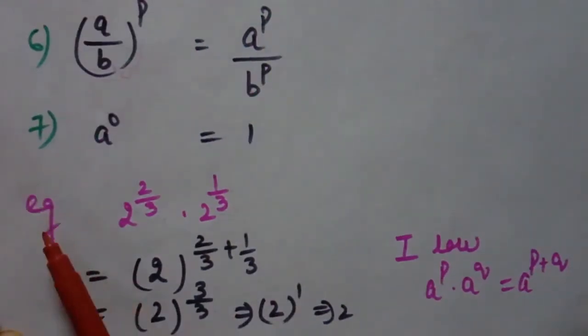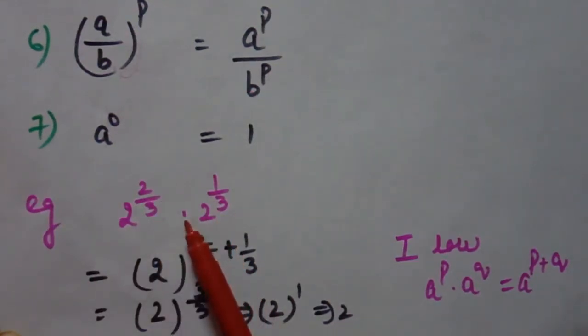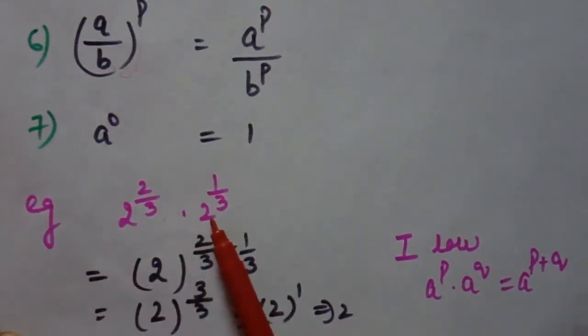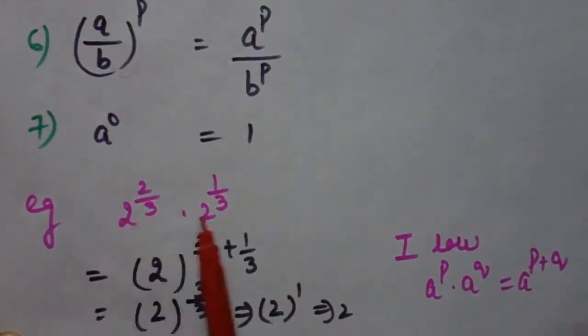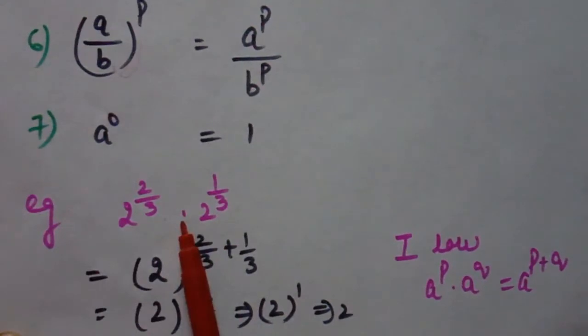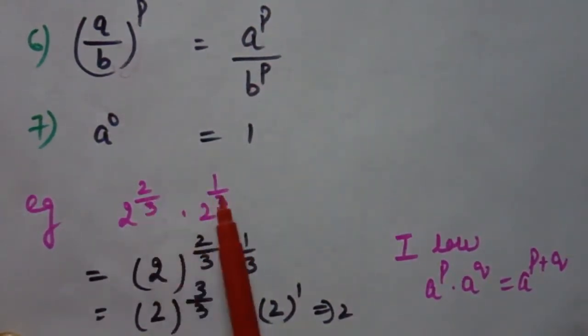So we will take one example. 2 raised to power 2 upon 3 multiplied by 2 raised to power 1 upon 3. In this question we have the base same, operation is multiplication with different powers p and q.